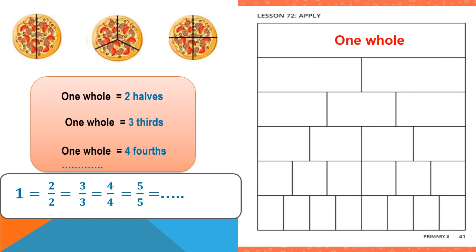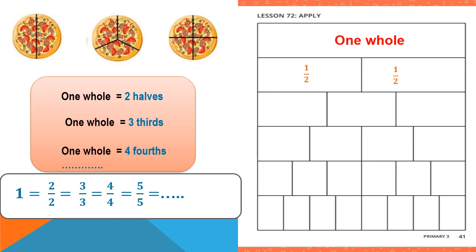But the second bar is divided into 2 equal parts. So this is half and this is half. Let's write it. Half, half. And we know that we can write half as 1/2, okay?